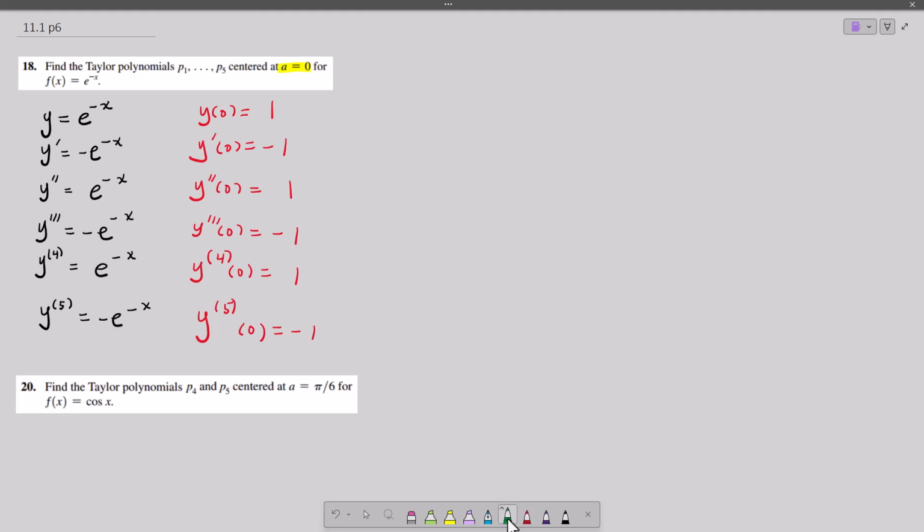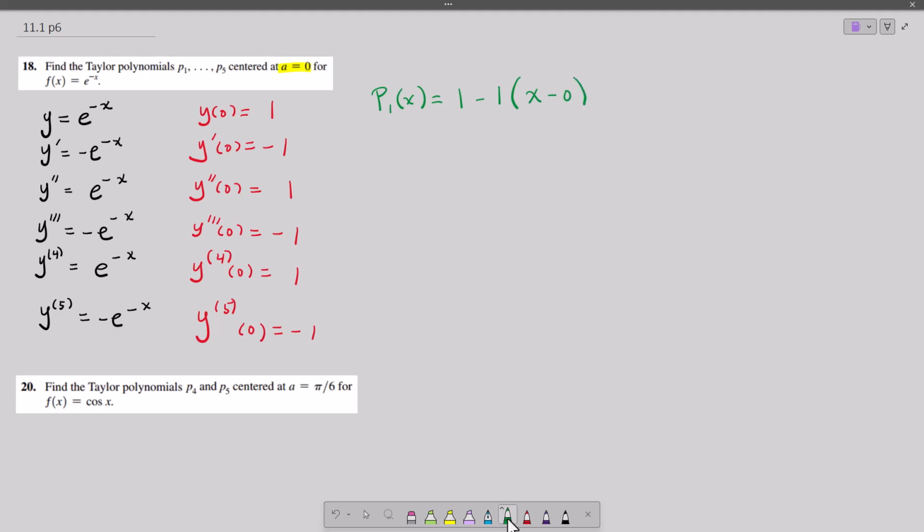Now we're going to build. So P sub 1 is a function, and it's going to be a linear function. We start right there, y of 0, the value of the function, and then we have -1, so that's the slope of the tangent line, and then we multiply by x minus the center.